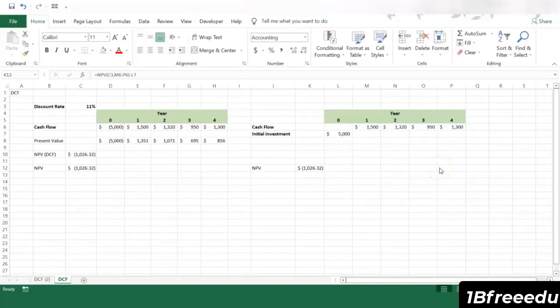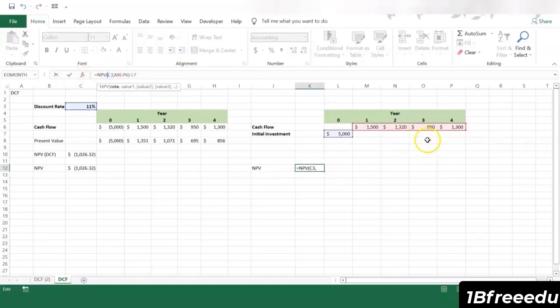Something to be careful about and not to be confused by in the future. Let's say that I have the same numbers and the same project, but I've included our initial investment in a different row. And instead of writing it as a negative number, I've left it as a positive number. So our NPV formula would look the same, but in this case, if you observe the formula bar, I had to put in a negative sign to subtract the initial investment.